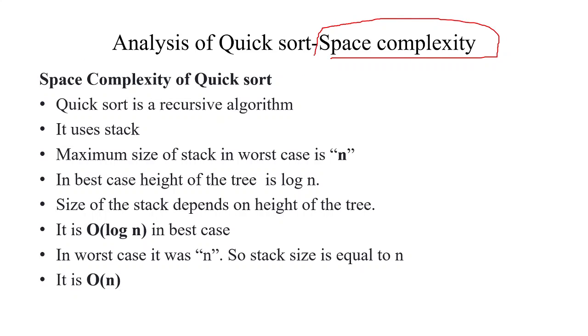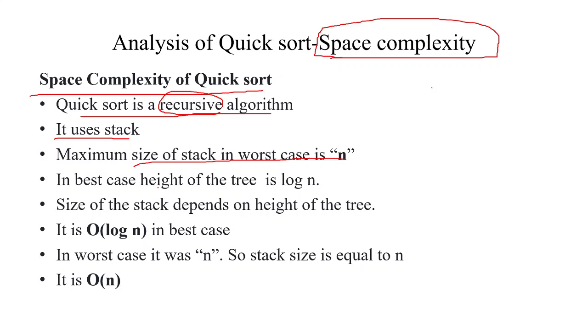Next we will go for the analysis of the space complexity of quicksort. We all know that quicksort is a recursive algorithm, and in all recursive algorithms we know that it uses a stack. The maximum size of the stack in the worst case is n, because n times it executes.